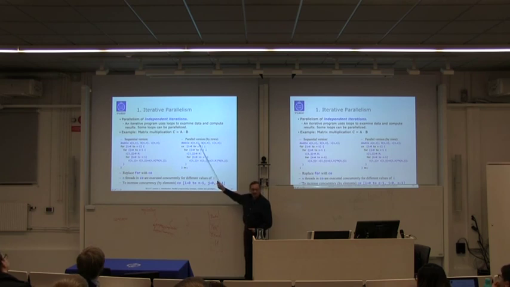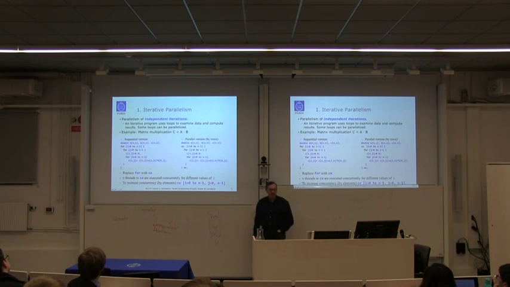Each thread will be executing this loop, but for different values of I. I is private. So the first thread will be executing I equals 0. It will compute the 0th row of the resulting matrix. Next thread, first row. The next thread, second row, and so forth.